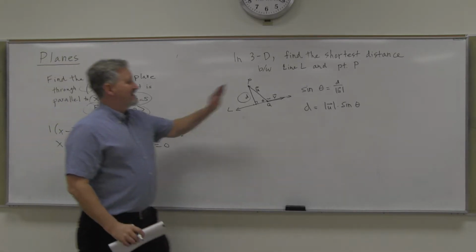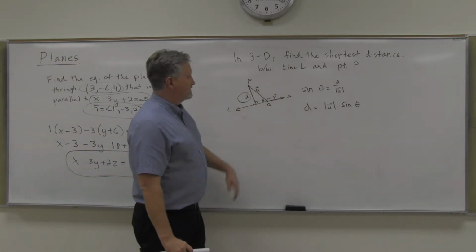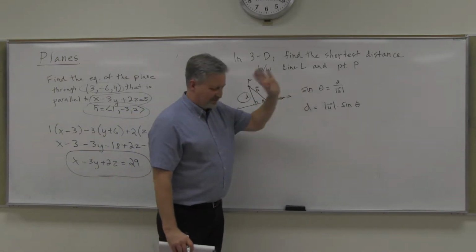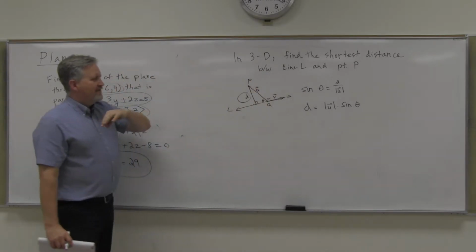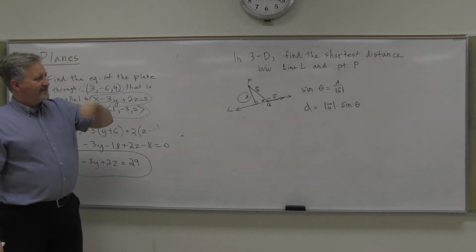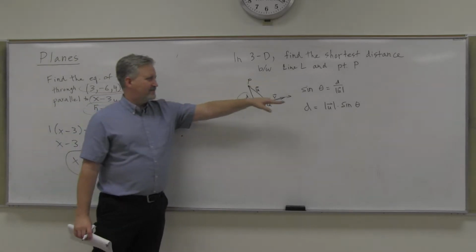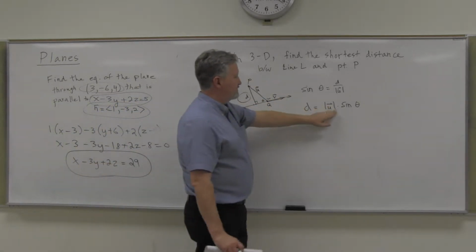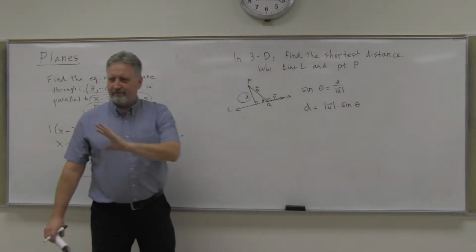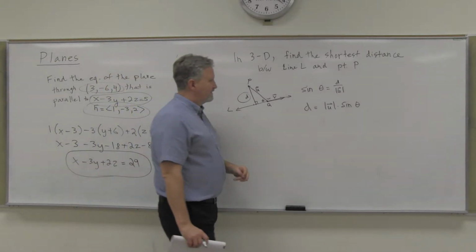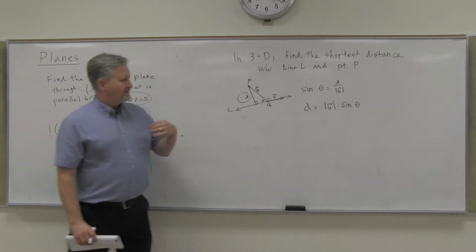All right, it's sine, because it's opposite. I know I said opposite over hypotenuse, but I wrote cosine. My bad. One of those days. Sine theta equals D over magnitude of U, and so D is magnitude of U times sine theta. You guys are supposed to correct me on that.